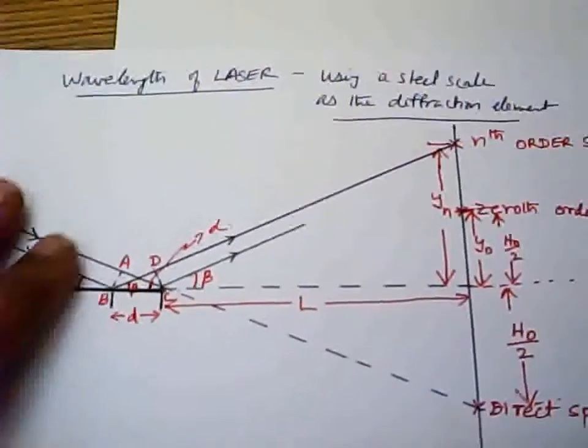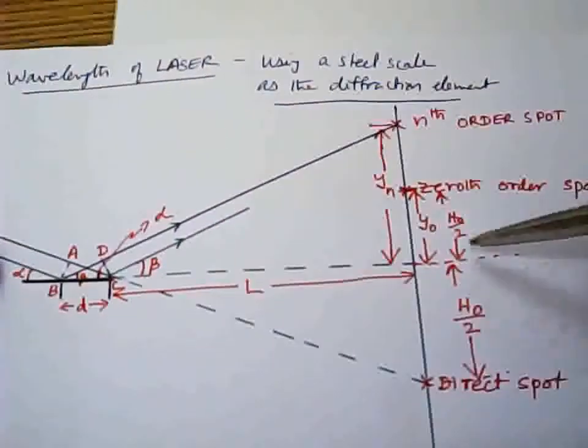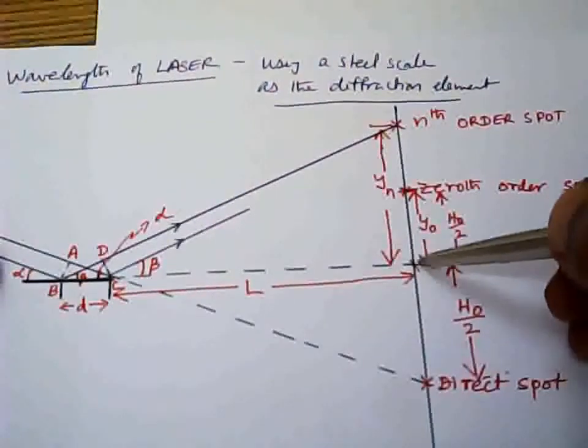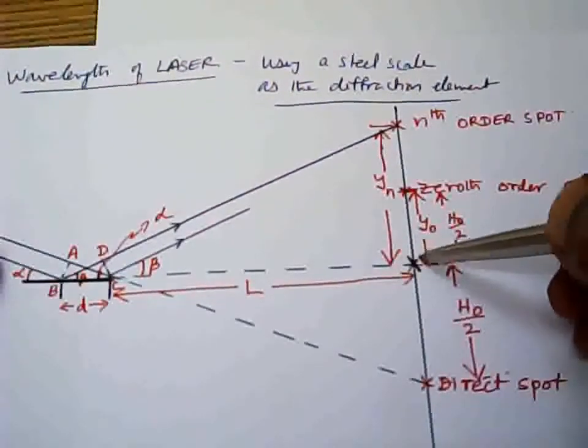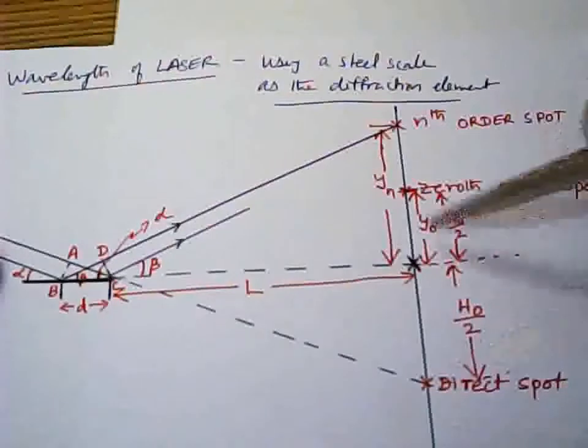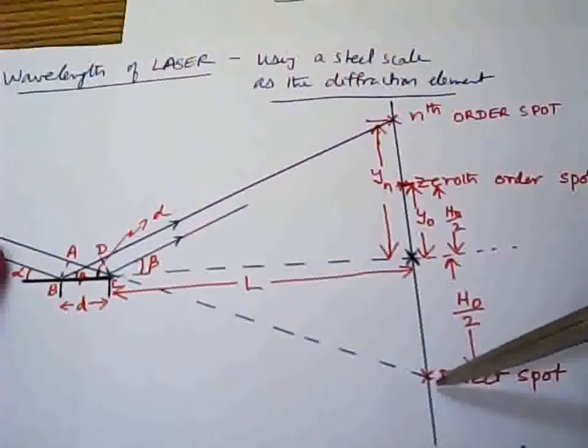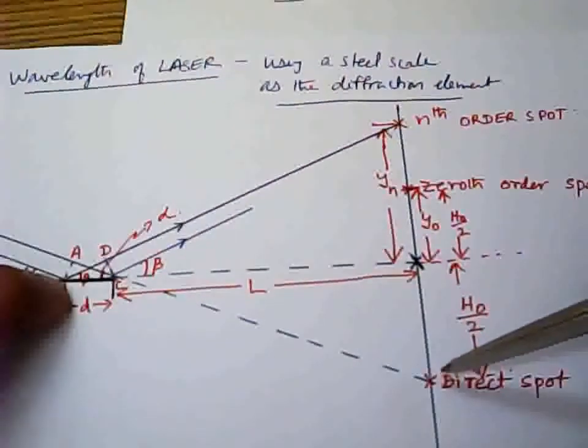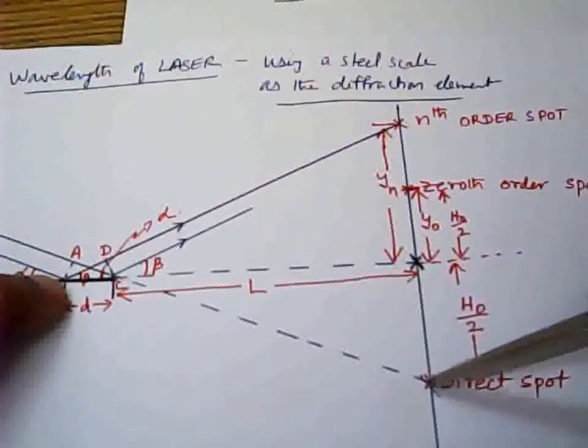Okay. Now the question is, in the diagram, we will not know precisely where this point is going to be. So what we do is, after the experiment is over, you just remove the scale and find out the position of the direct spot. Okay?